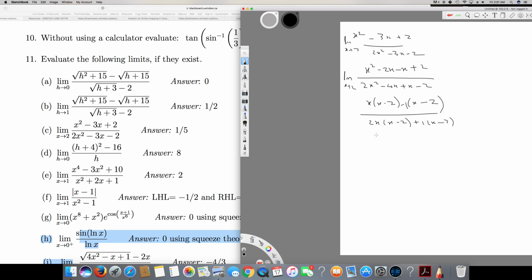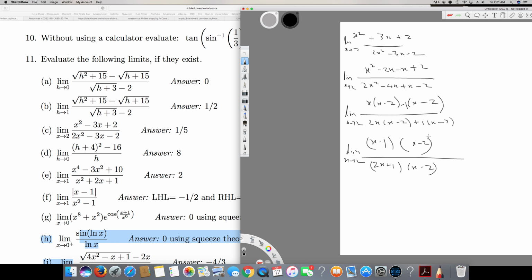So the factors on the top are going to be limit x approaches 2, x minus 1 times x minus 2, and here 2x plus 1 times x minus 2.